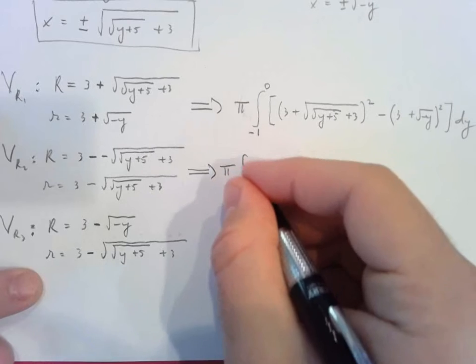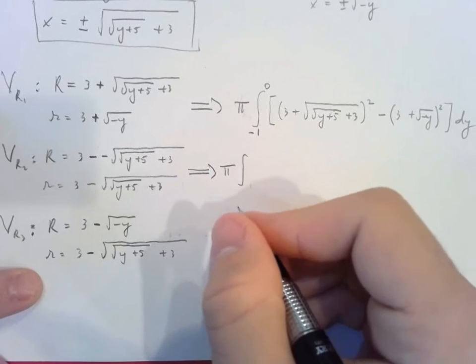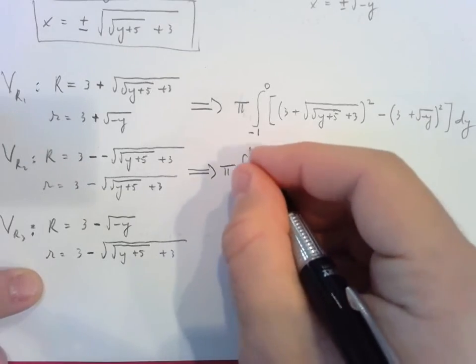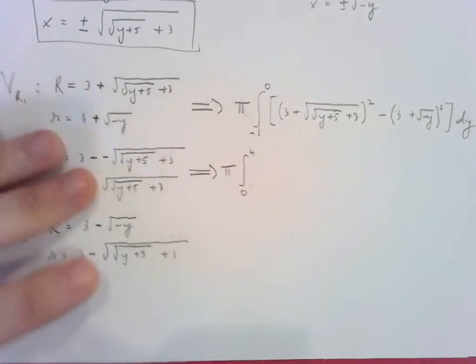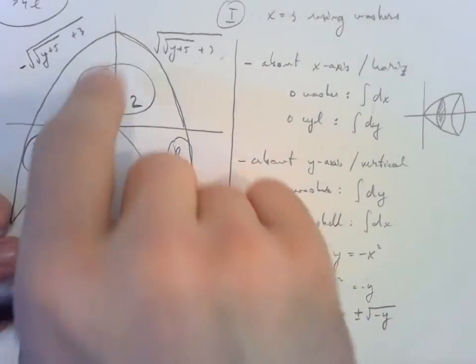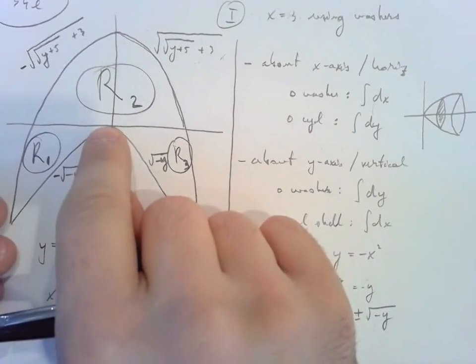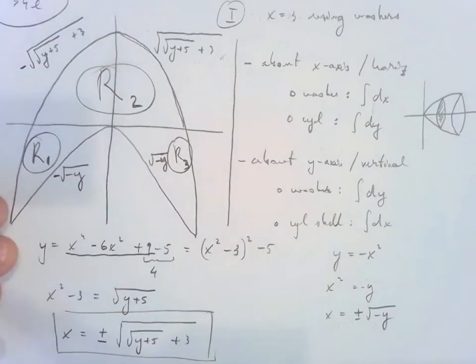For the second one it is pi times the integral where y is going to go from 0 to 4, because 4 is the maximum, the tip point of this fourth degree polynomial. So y runs from y equals 0 all the way up to y equals 4.